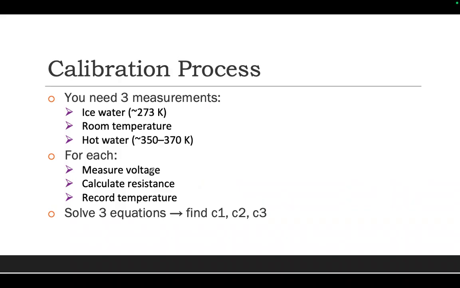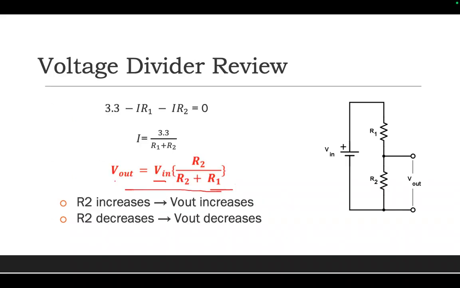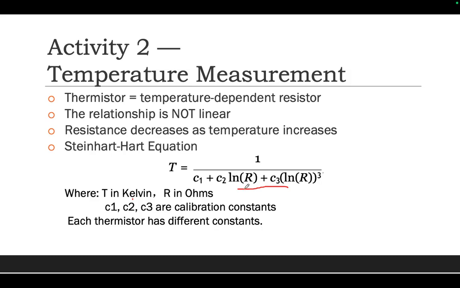So you can use this equation. You know V in, 3.3. You know R1. You know V out. You can calculate R2. Any questions? And R2 is the same as R here. So you know R and you know T. Then you want to calculate C1, C2, C3.